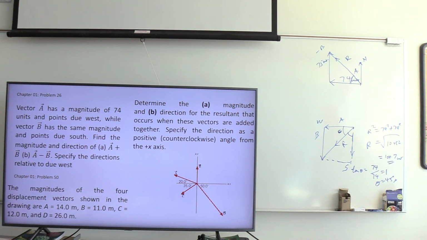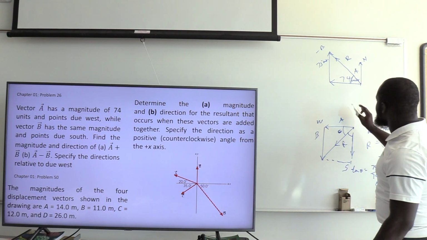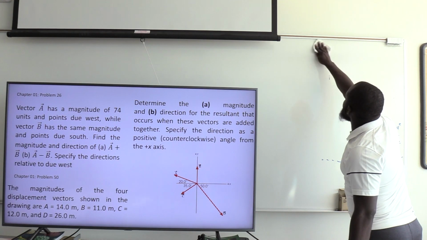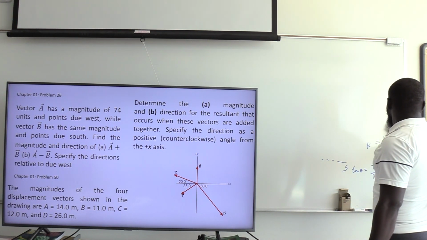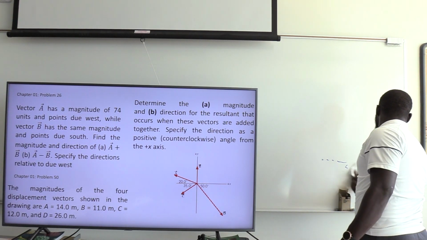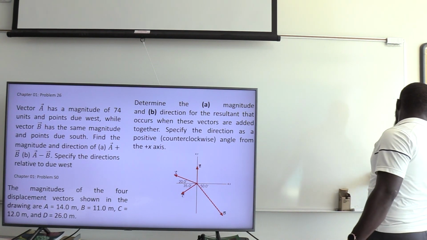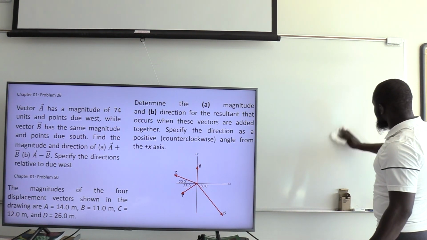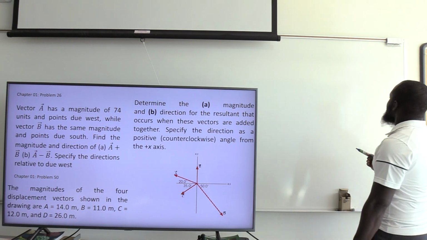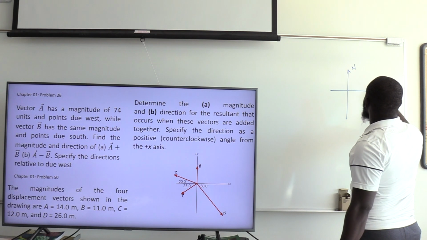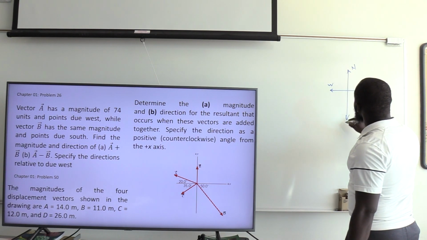Okay, so don't confuse this. Let me take a little bit to explain the angles to you. It's really important that you understand what's going on here. So this is north, east, west, south.